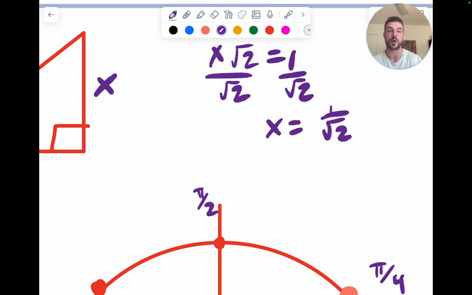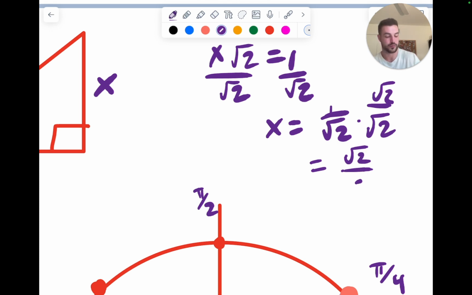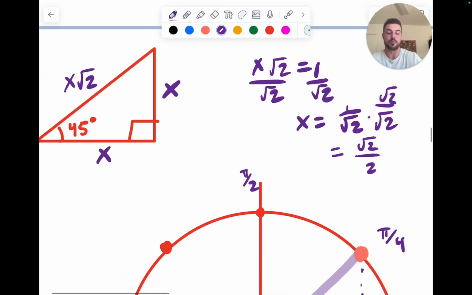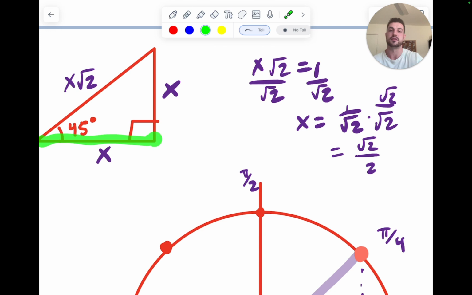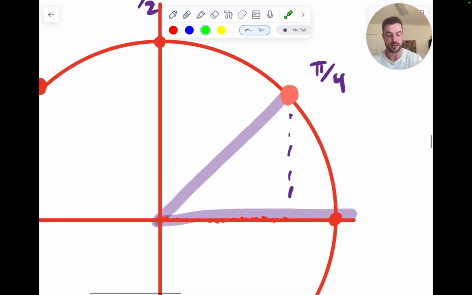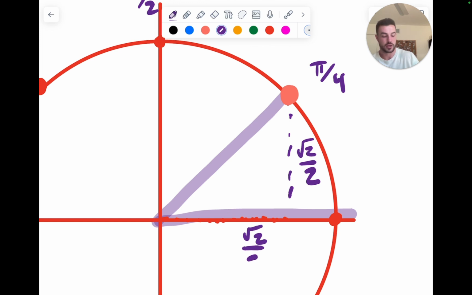The problem is we want to rationalize our denominator, so I'm going to multiply by √2 over 2, and we are left with √2 over 2. So that tells us that both the horizontal distance and the vertical distance of this triangle in the unit circle is √2 over 2. So the coordinates of this point right here are √2 over 2, comma √2 over 2.